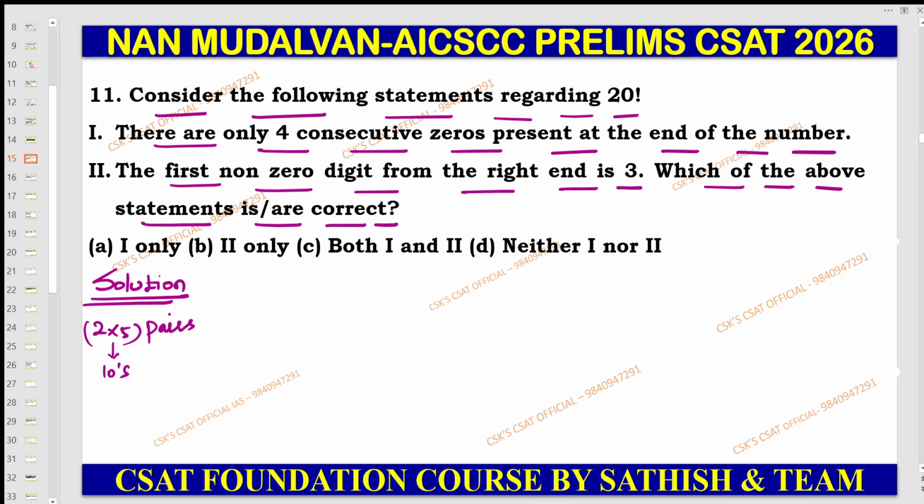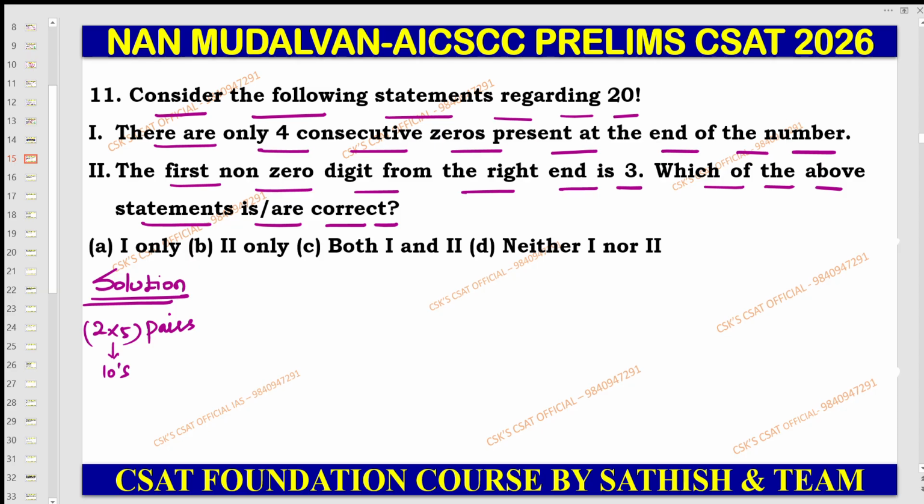If you multiply any number with a tens pair, that many zeros will be there at the rightmost place. If you multiply any number with 10, you will get 1 zero at the rightmost. If you multiply with 100, you will get 2 zeros from the right end. So that concept is nothing but the trailing zeros.